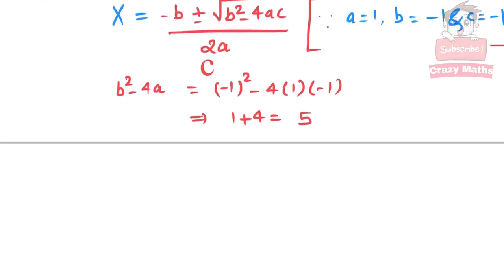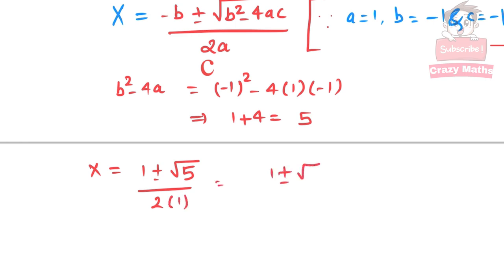Now we put this in place of b square minus 4ac. Again x equals minus b, the value of b is minus 1, and minus into minus 1 is plus 1, plus minus root 5 upon 2a. The value of a is 1.